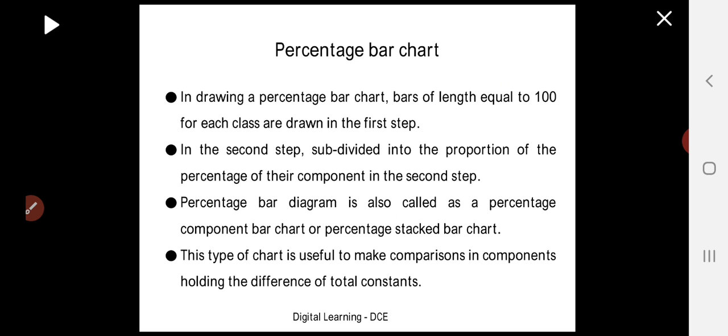This type of chart is useful to make comparisons of components when the totals differ. When there is a difference in totals, we convert into percentages and plot it in the graph. This is very similar to the subdivided bar diagram, but here we convert the data into percentages.